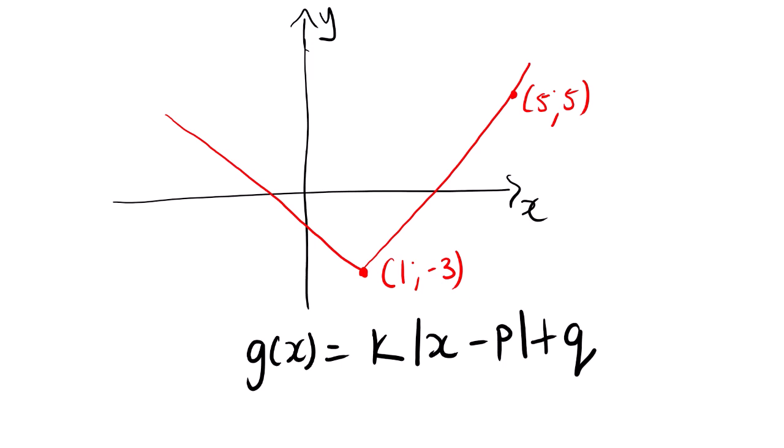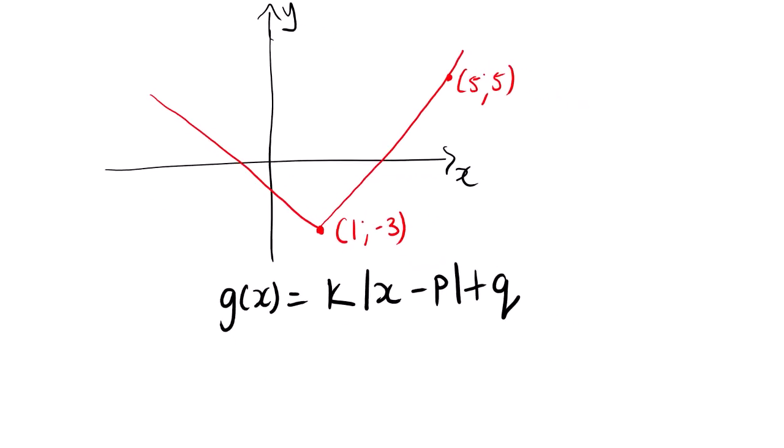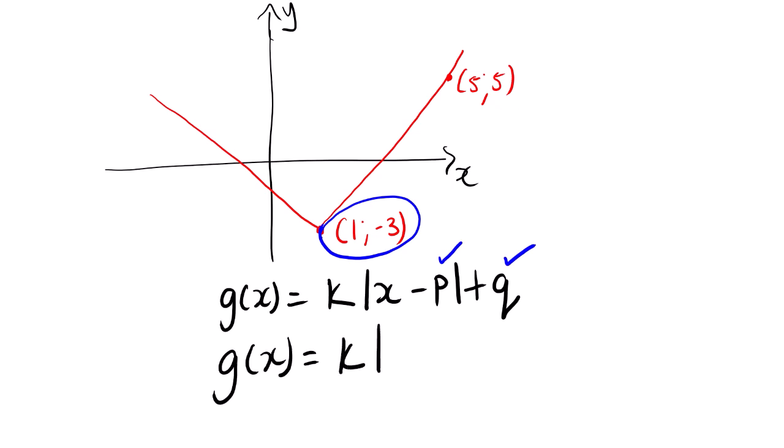Now we are given this diagram, and we definitely know that this vertex is represented by p and q from the general equation. So we can go ahead and plug in. We know that the value of p is 1 and q is minus 3.